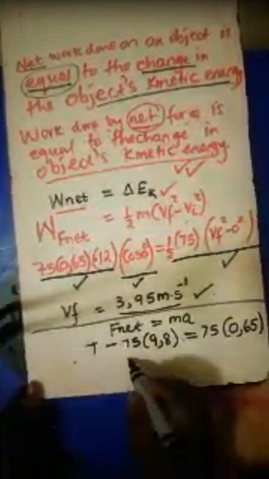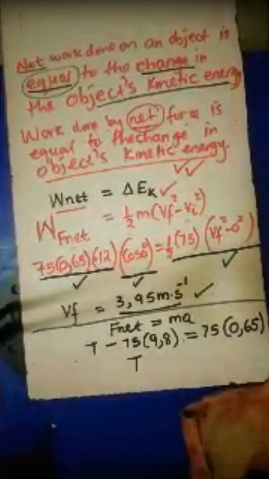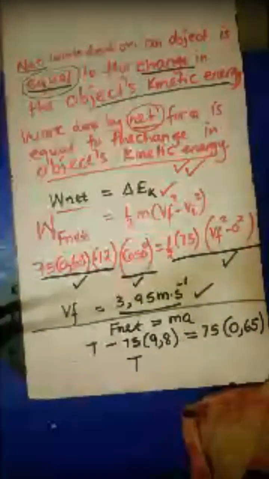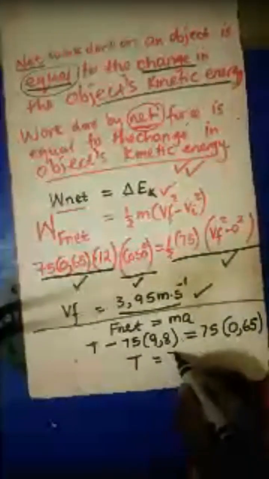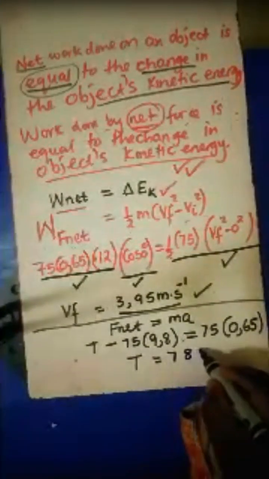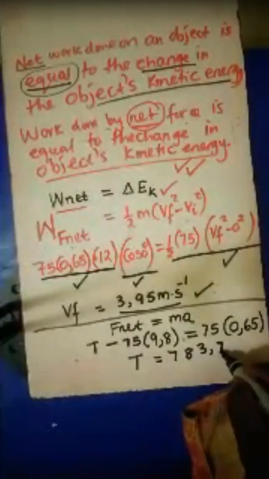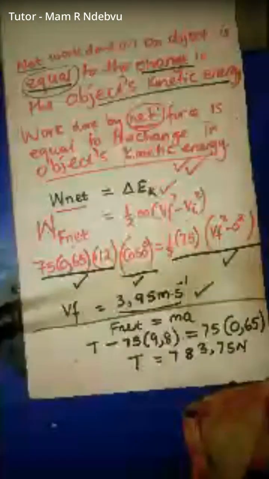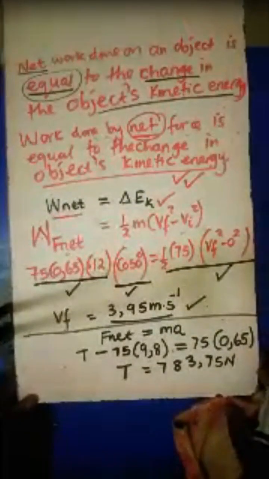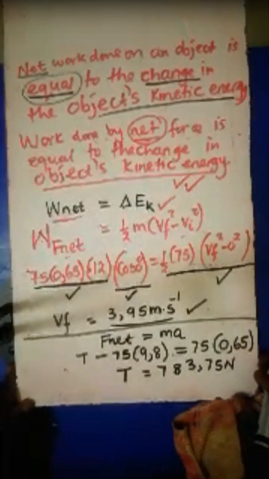So Elena will get tension first. There are many ways of doing the problem. And if you do your tension properly, Elena will get 783.75 newtons.